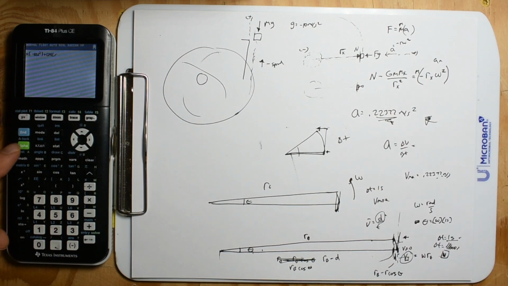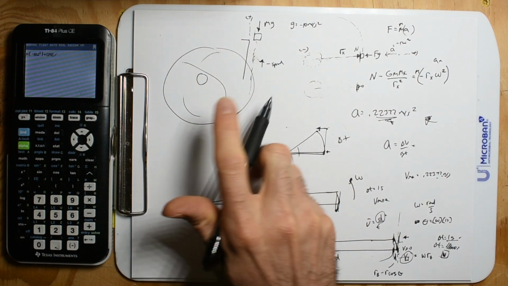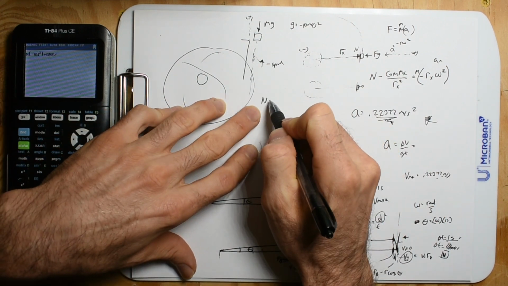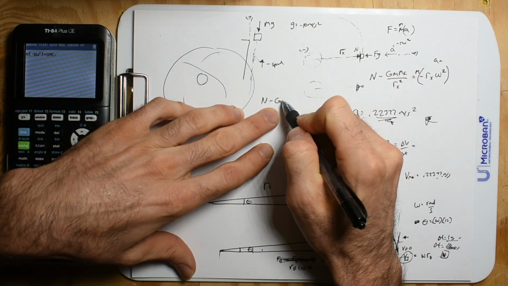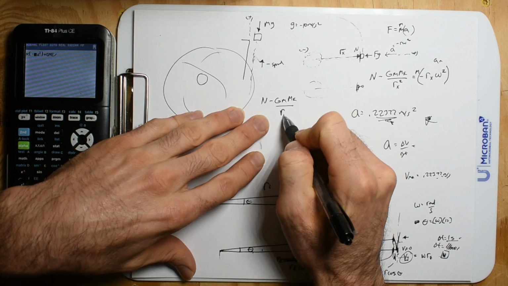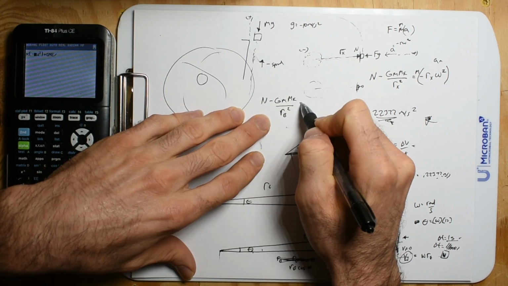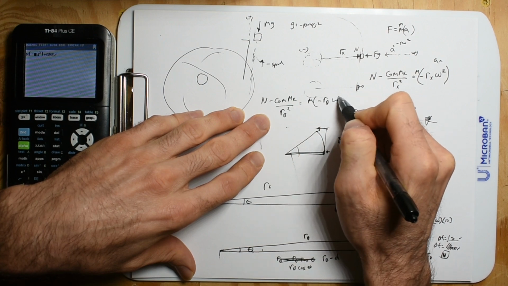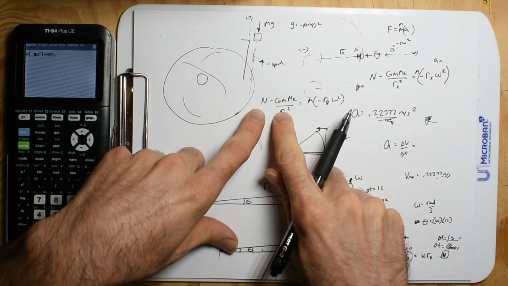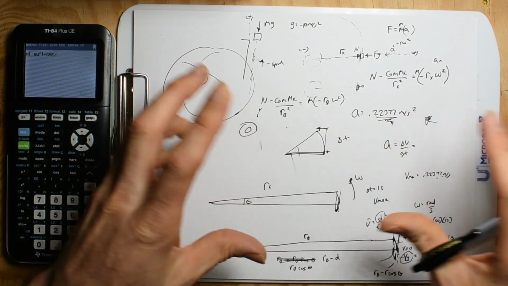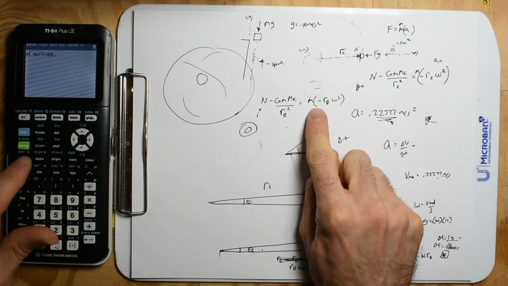I'm confusing this a bit. For our problem that we did, this is for any radius, but we want to double check our problem. So it's G M_E divided by big R squared, equal to mass times minus big R omega squared. Just because we're trying to figure out, isn't that normal force 0? That's our check on reality, if you're seeing where we're going with this.